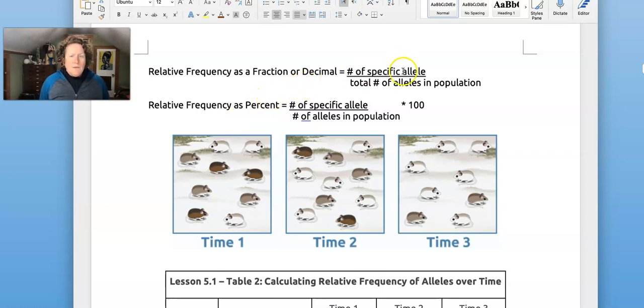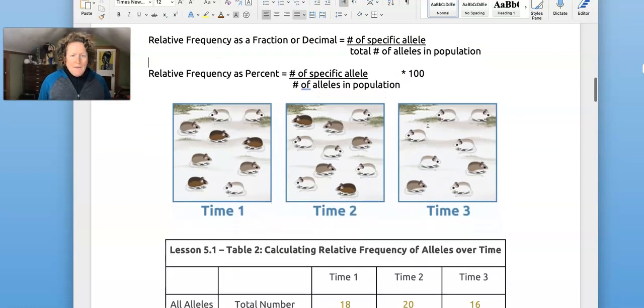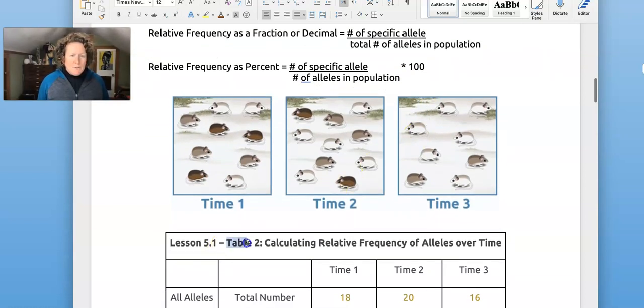Remember, we're dealing with alleles instead of mice. So we have to make sure that we're counting the alleles, not just the physical bodies of mice. The relative frequency as a percent is just the specific allele divided by the total alleles in the population, multiplied by 100. This time we're working in table 2.